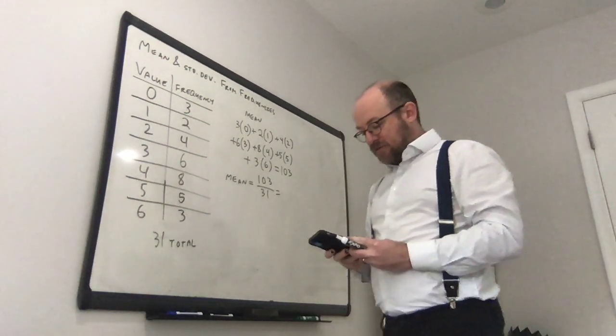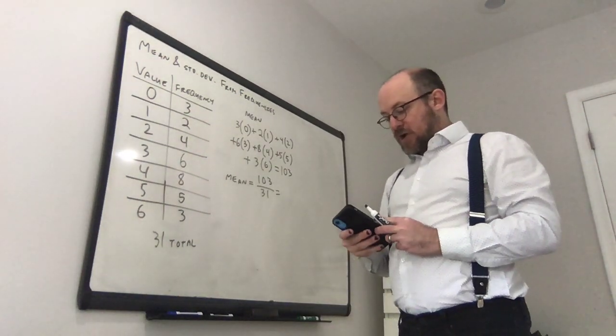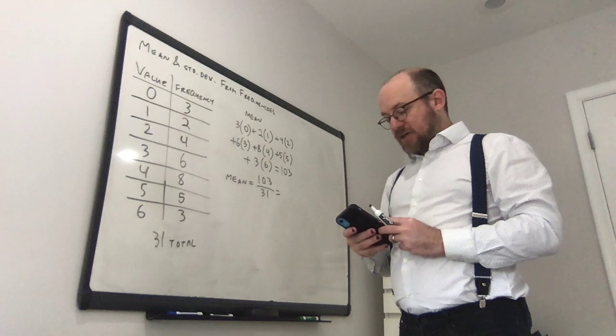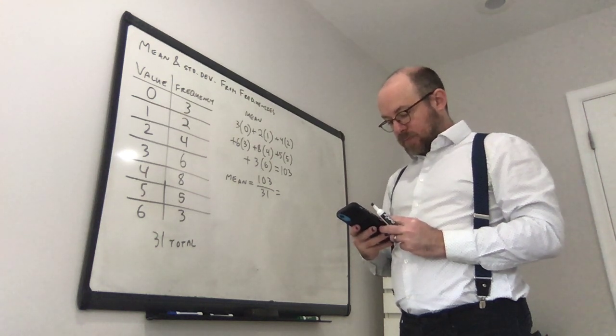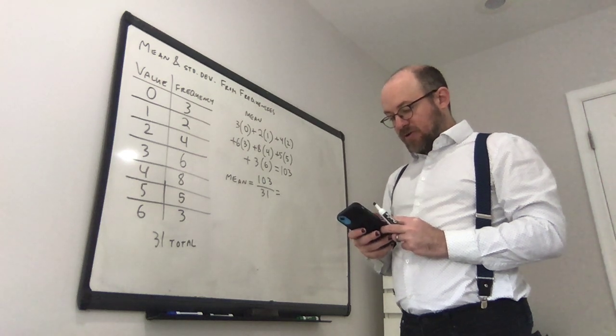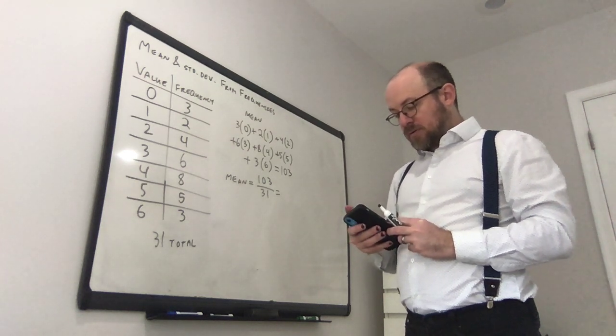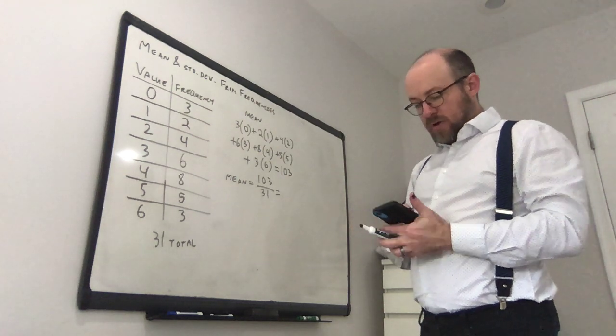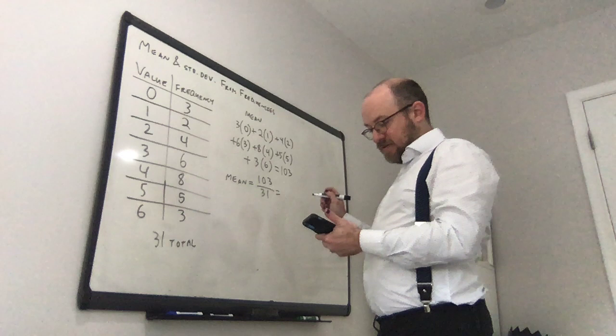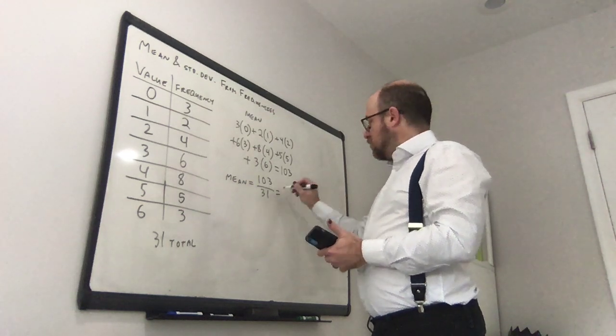Okay? So you don't actually have to write them all out to get that. You can just go ahead and do the calculation, right? So 103 divided by 31. And 103 divided by 31 gives us a mean of 3.32.